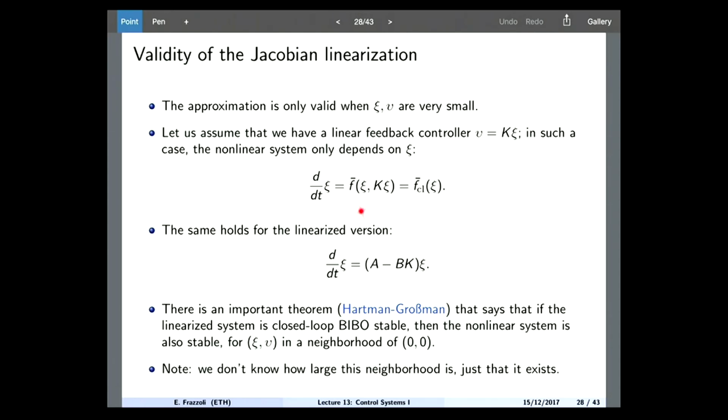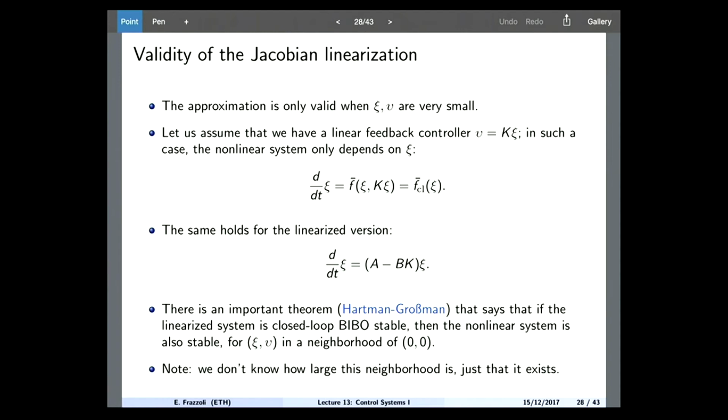The derivative of the state increment with respect to the equilibrium point will be given by f of psi comma upsilon, but we know that upsilon is given by k times psi, okay? So now we find that the derivative of this state is given by some other function of the state, okay? This is the same thing that happens for the linearized version, right? So if in the linear version you just say that my upsilon is given by k times psi, you write down the algebra and what you get is this formula, okay?